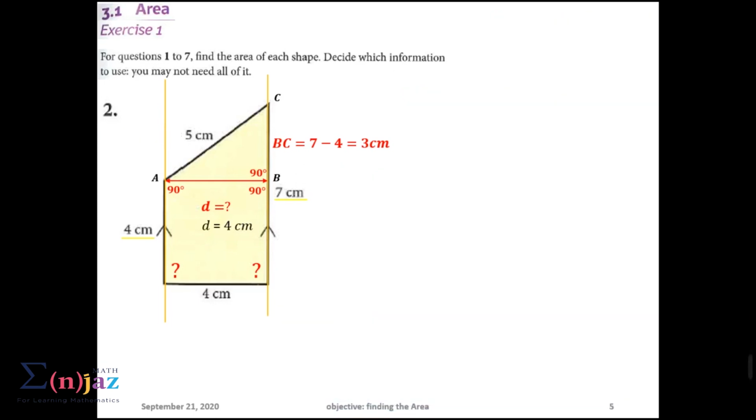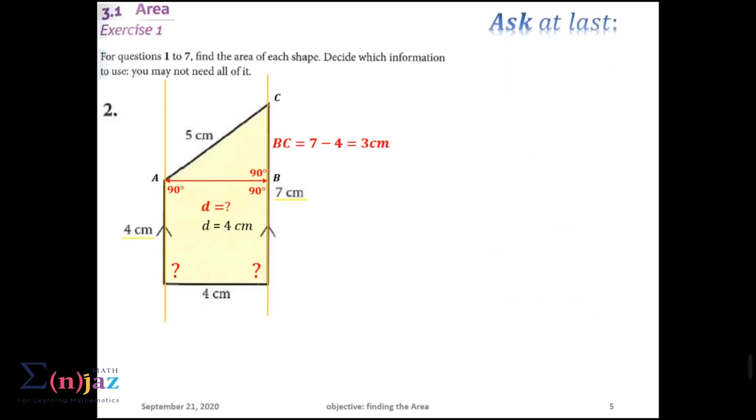Now, that's what we found so far. Again, we have right angle triangle ABC. We found BC, which is 3. We found D here, which is 4, and the 5 centimeters, which is the hypotenuse, is given to us. Accordingly, can I now find the area of this trapezium?